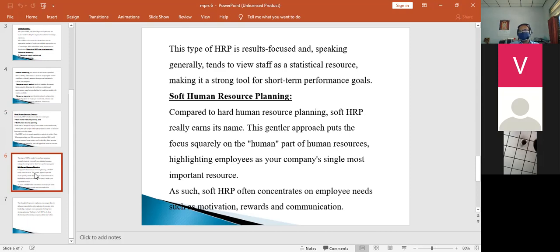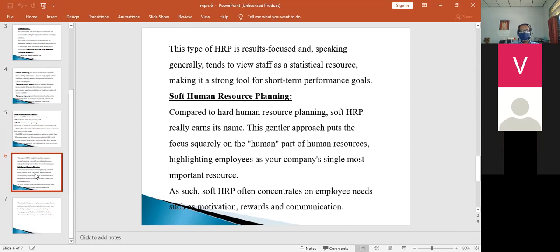Next, soft human resource planning means, compared to hard human resource planning, soft HRP really lives up to its name. This approach puts the focus on the human part of human resources, highlighting the employees as your company's single most important resource. So, as you all know, human resource is the backbone of every organization.